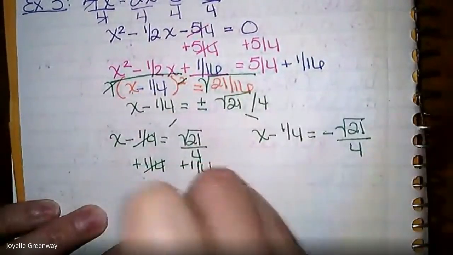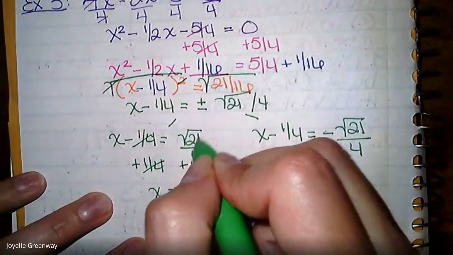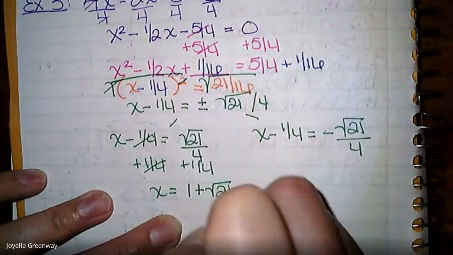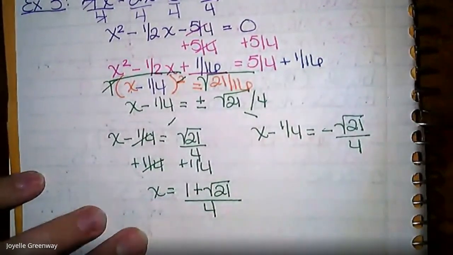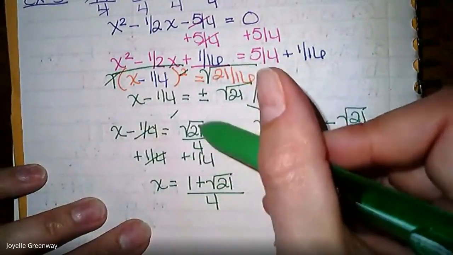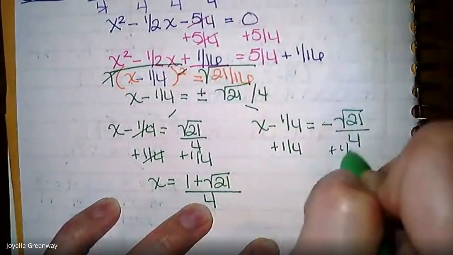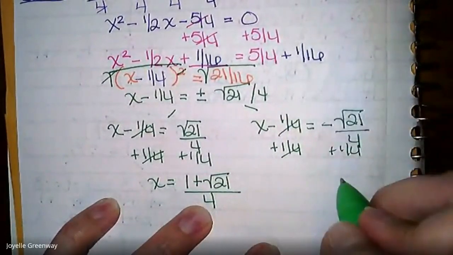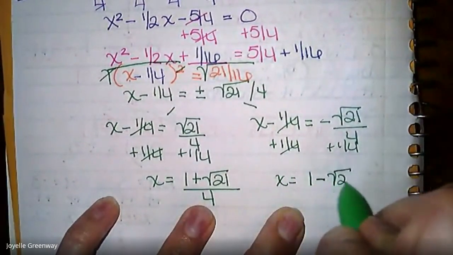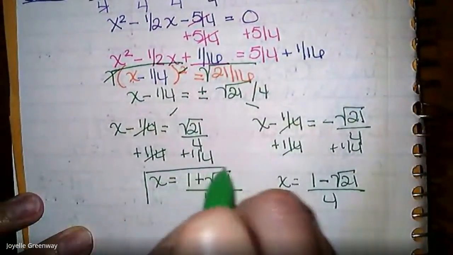So I get x is equal to 1/4 plus radical 21 over 4, I can write as 1 plus rad 21 over 4, right? Because they're common denominators, so I just add the numerators. And then plus 1/4 here, plus 1/4 here. So I get x is equal to 1 minus radical 21 over 4. And those are my answers.